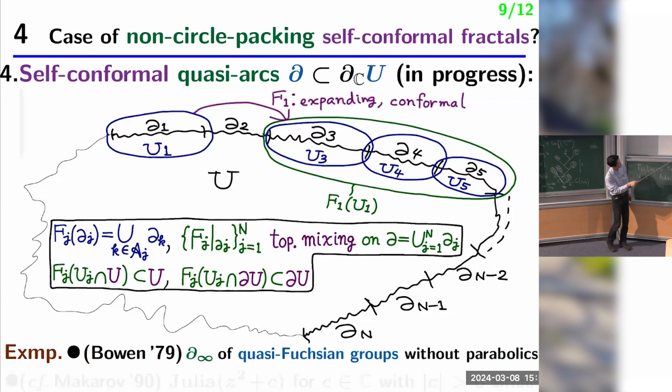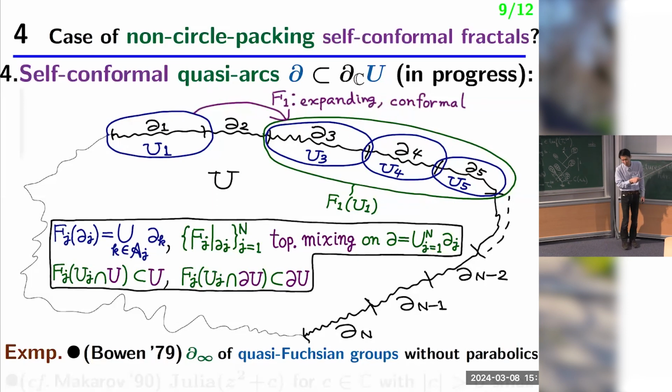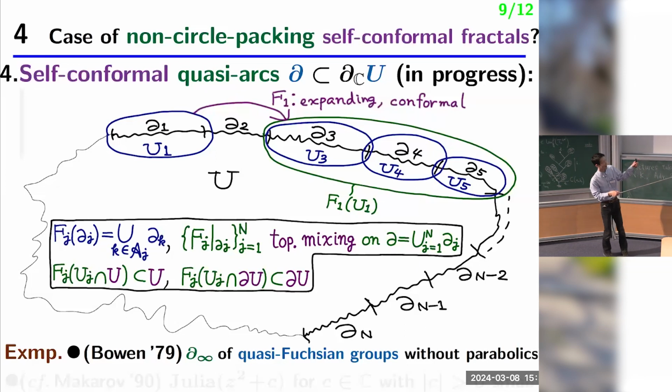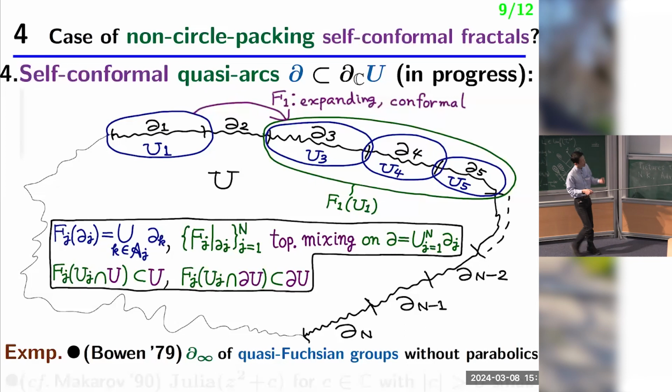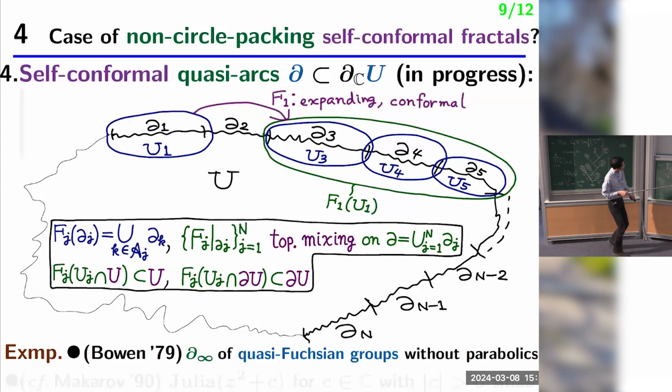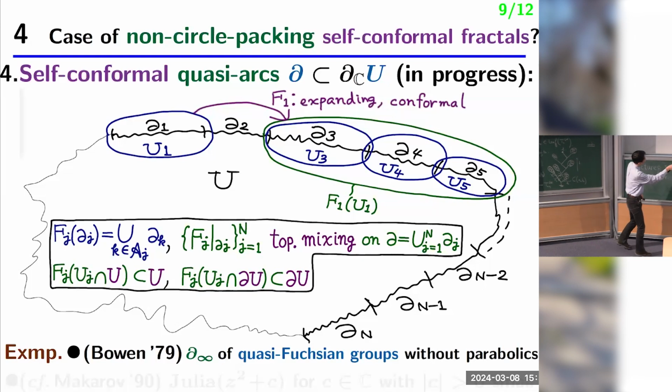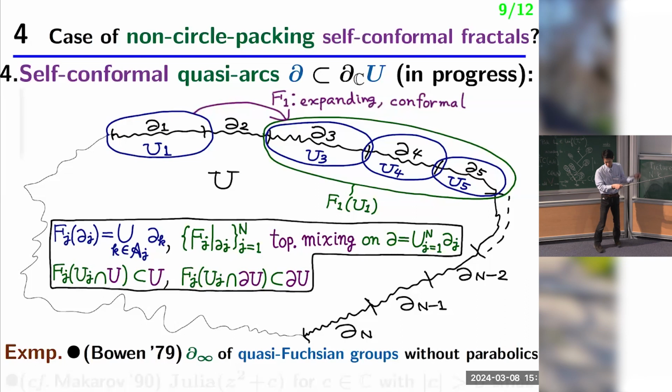The setting is that he considers the invariant set of discrete groups of Möbius transformations in the case where the invariant set is given by closed Jordan curves, and he gave a particular cellular decomposition of the Jordan curve.